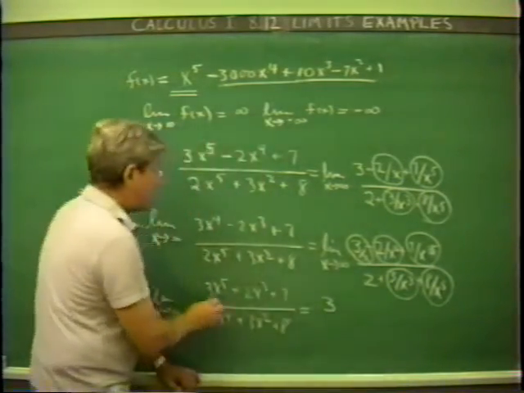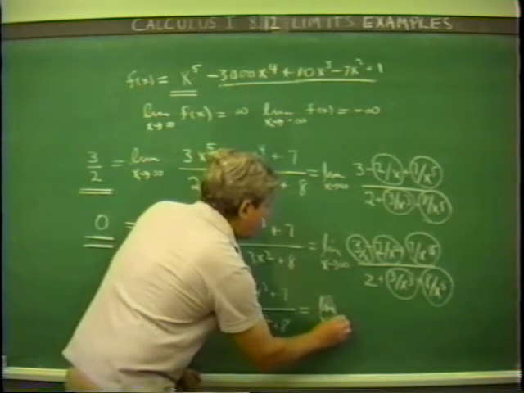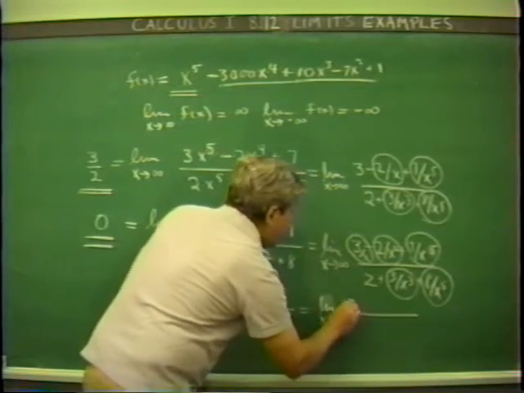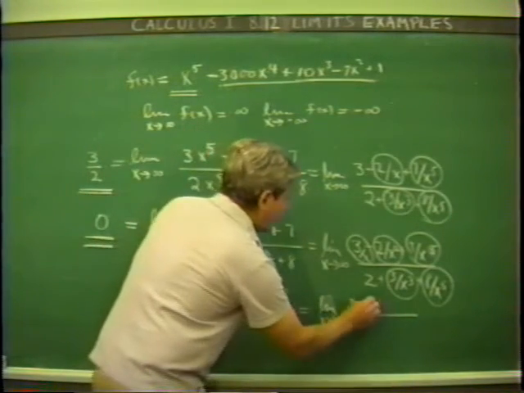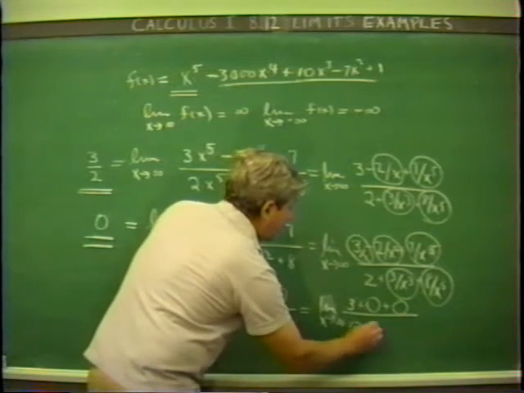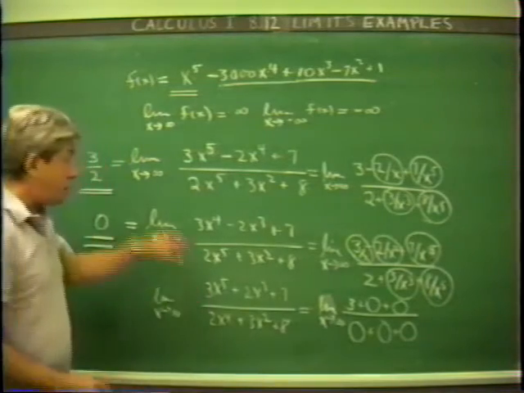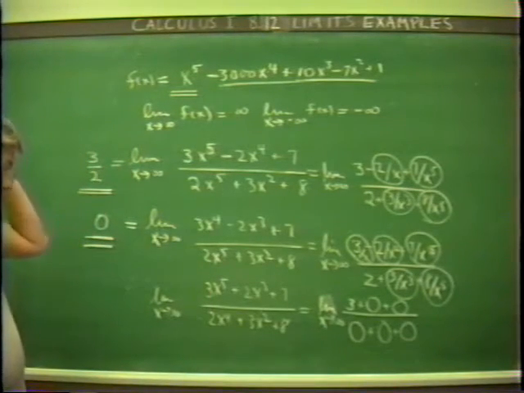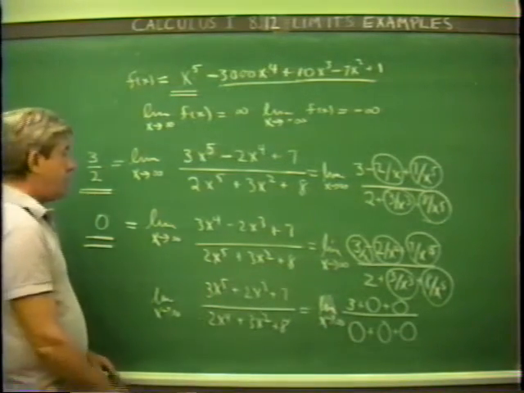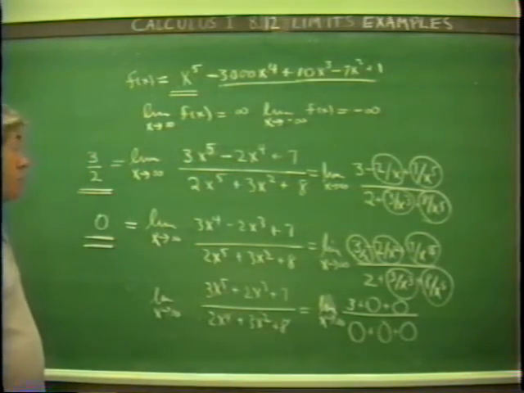Now, if we perform the same operation here, dividing by x to the fifth, we're going to have 3 in the numerator and 2 other terms which approach 0. And in the denominator, we're going to have terms which all approach 0.